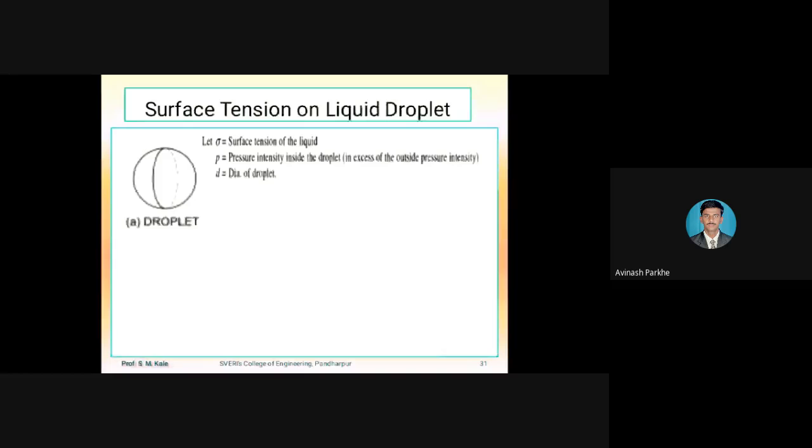Let d be the diameter of the liquid droplet, p the pressure intensity acting inside the liquid droplet, and sigma the surface tension acting on it. If I cut this spherical liquid droplet into a half portion, the cut section will look like this. The outer periphery is the interface between liquid and air, where the tensile force acts on the droplet.